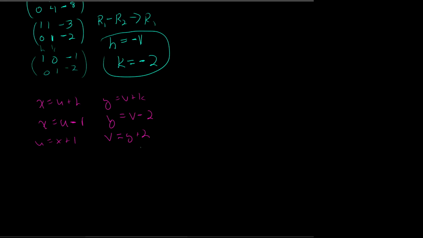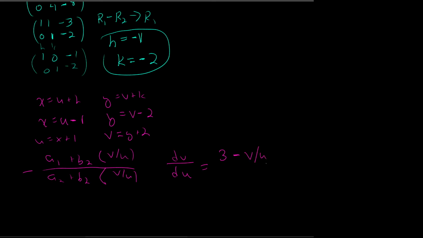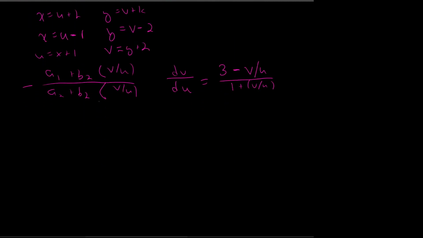And so now I can come back in and substitute into the form where I had A1 plus B1 V over U over A2 plus B2 V over U. And in solving this, I have dV/dU is equal to 3 minus V over U over 1 plus V over U. Alright. Let's look at this in a second, where this pulls from.